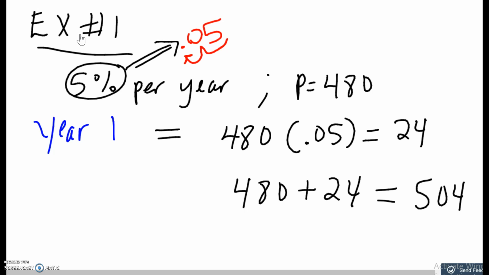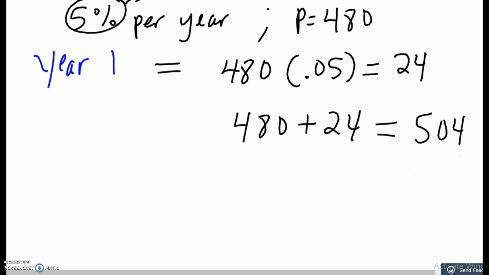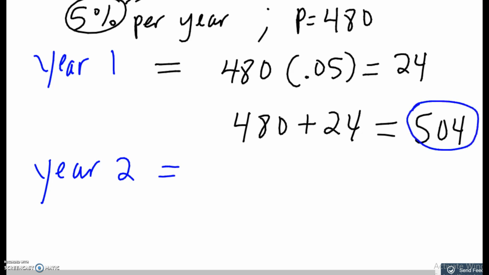Now at the end of year 2, it's still accruing at a 5% rate. So year 2, instead of beginning at $480, year 2 begins at $504. And we still have to multiply it by 5%.